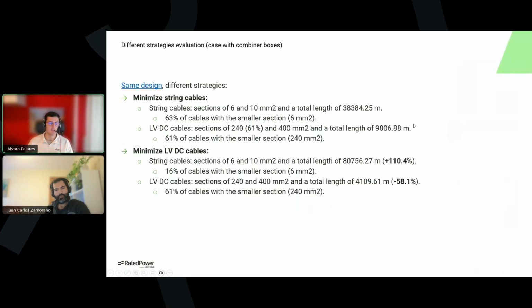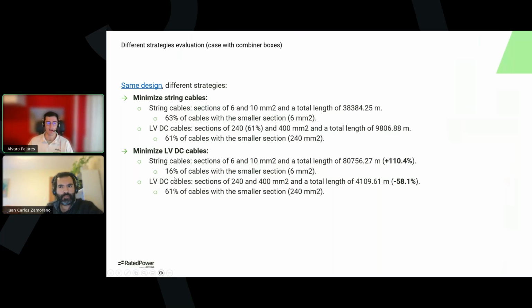With that in mind, I did this comparison for that design. We could easily see that for the design where I decided to minimize the string cables, I got a specific length of cables, and if I did the same trying to minimize the cables that go from string boxes to the inverters, the string cables increase heavily, to more than double the value we had before.